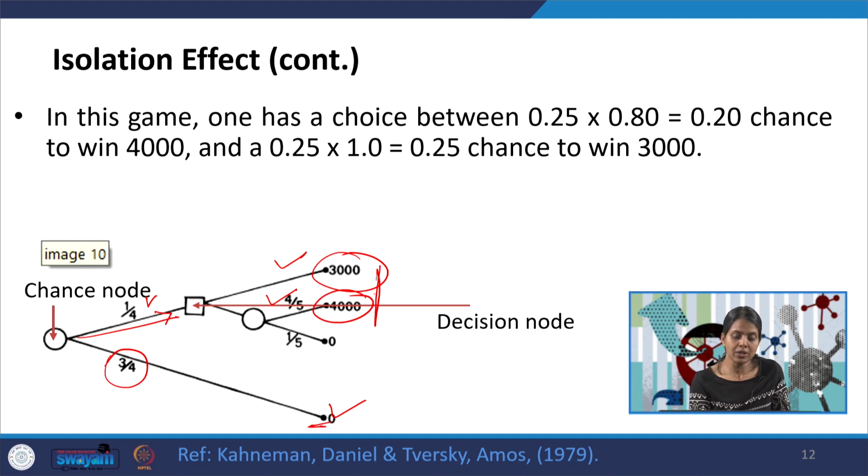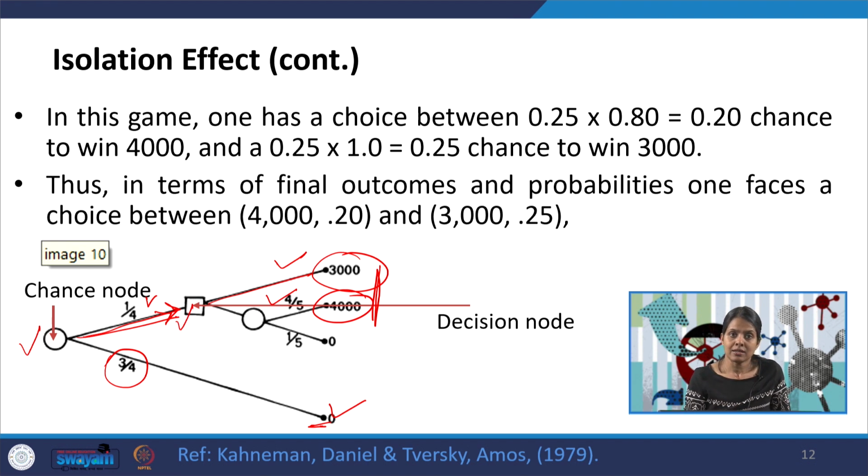So, you would be winning these amounts only if you enter the game with 0.25 probability on the other side, where these chances would appear. Now, this is called a chance node and this is called a decision node. Thus, in terms of final outcomes, one faces a choice between 4000 with 0.2 and 3000 with 0.25.